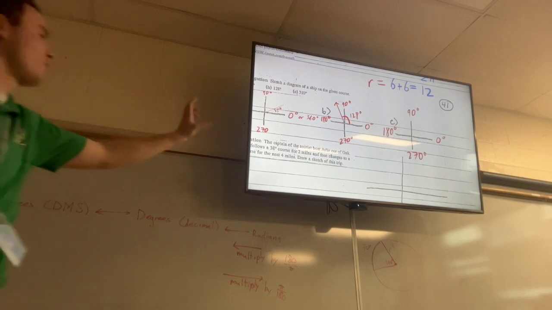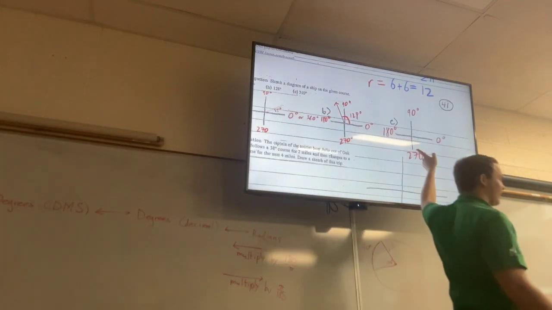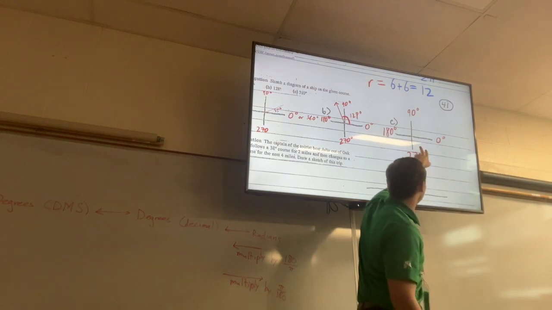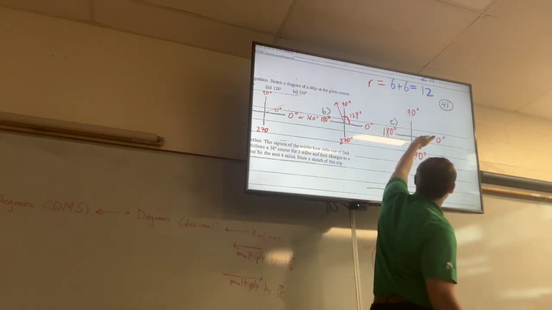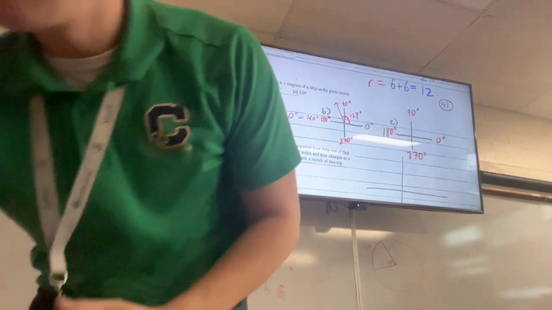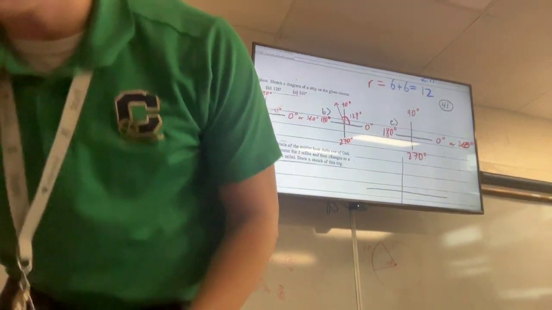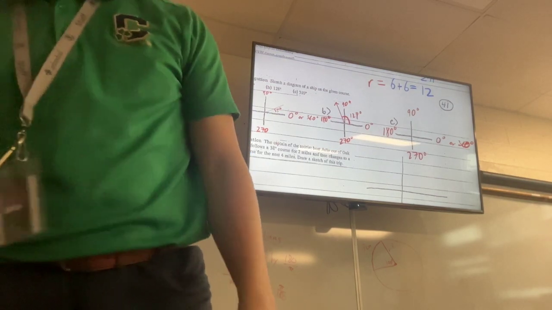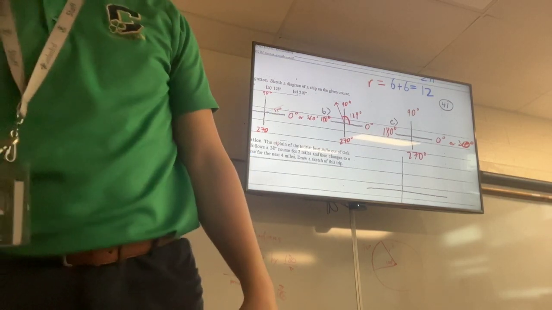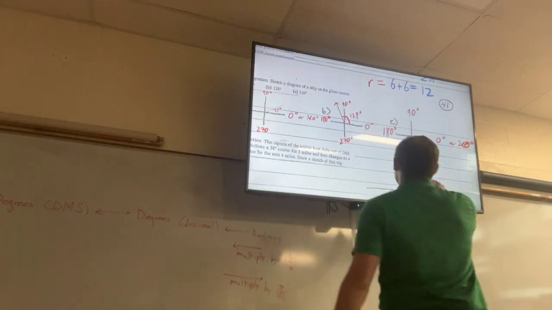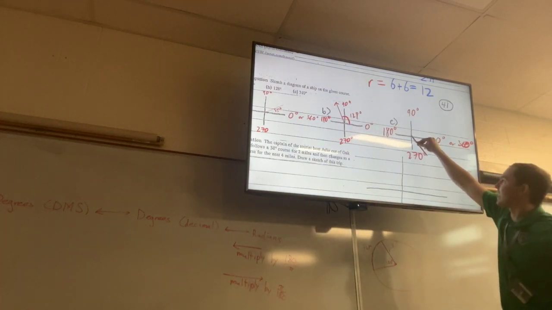So which quadrant would a 310-degree angle be in? The bottom right, right? So halfway between 270 and 360 is, what's that, 305 or 315? So halfway would be 315. So 310 would be a little less than halfway.